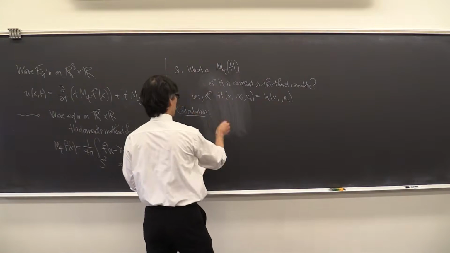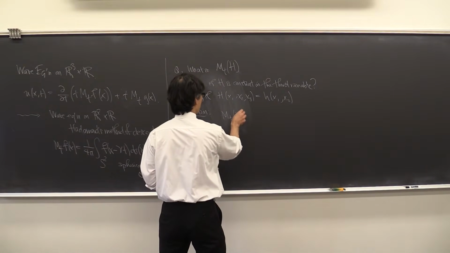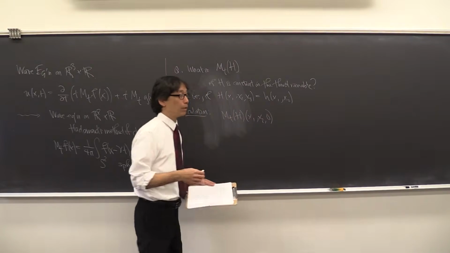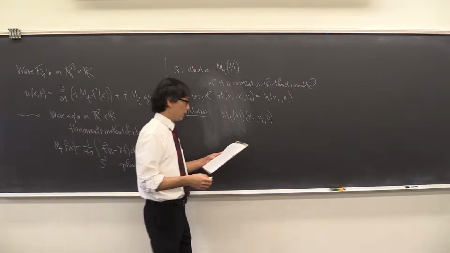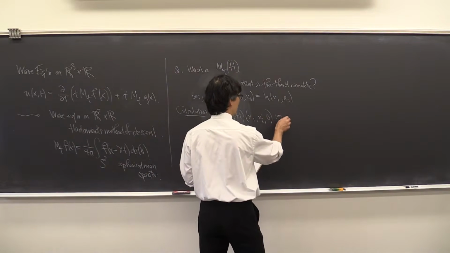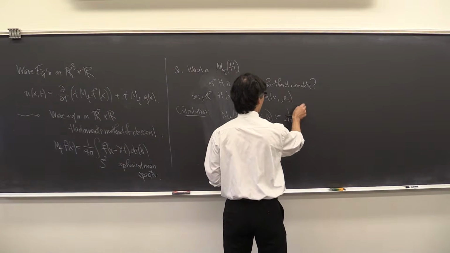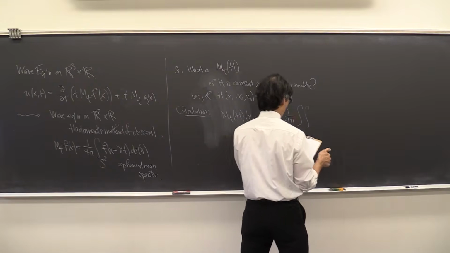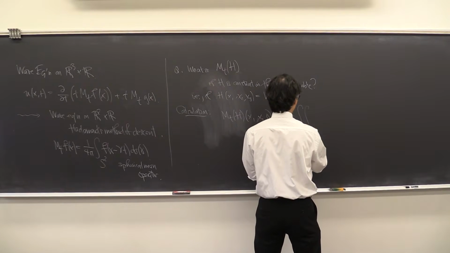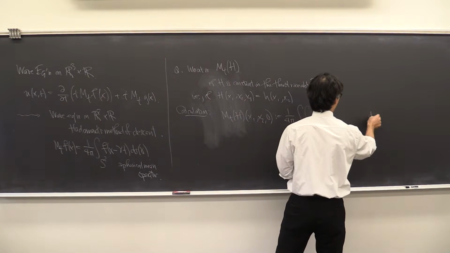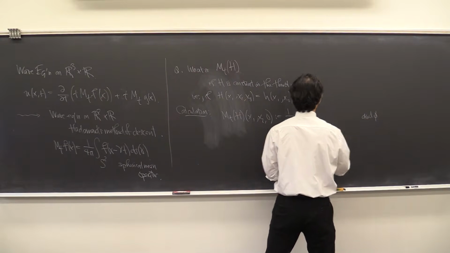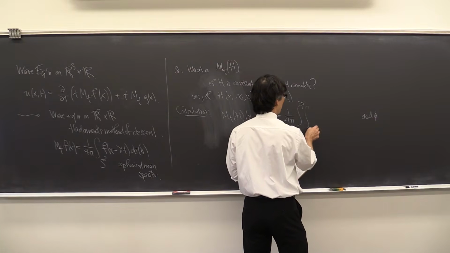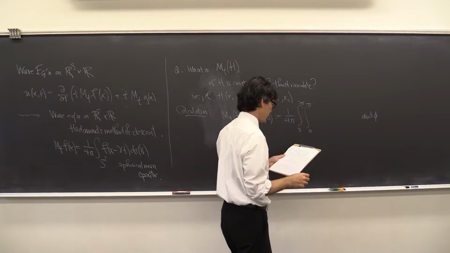So if we look at the spherical mean at (x1, x2, 0), right? The third variable isn't going to matter. By definition, that's going to be 1 over 4 pi, and then we spell out that spherical integration as the integral where phi ranges from 0 to 2 pi, and theta ranges from 0 to pi.